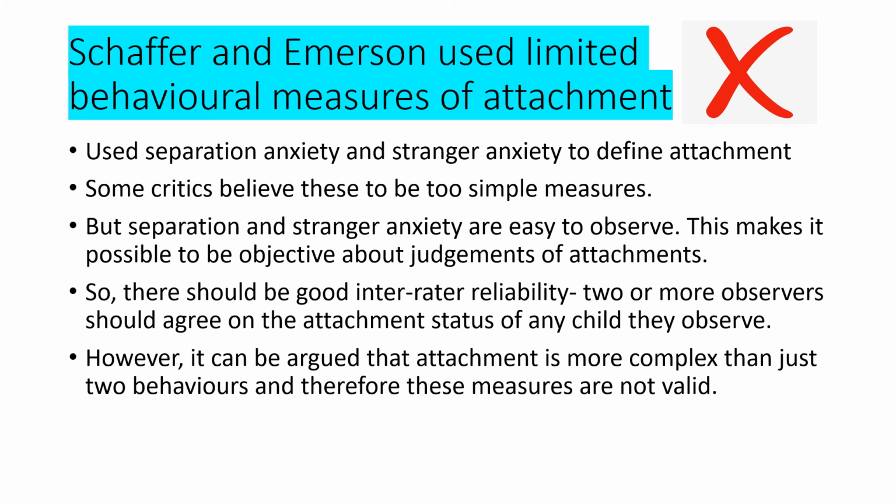So there's this thing called inter-rater reliability, where two or more observers observe behaviour and should be able to agree on the attachment status of any child, because they're using objective behavioural categories. It can be argued, however, that attachment is more complex than just two behaviours, so it may be that the measures are not that valid.